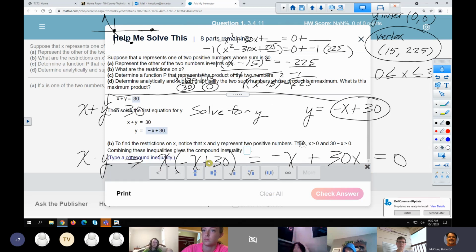What is this one? Combine these inequalities gives the compound inequality 0 less than or equal to x less than or equal to 30.